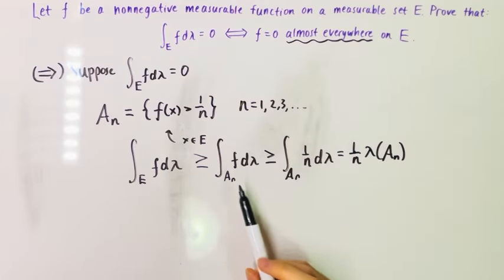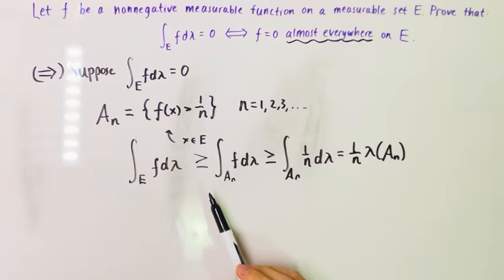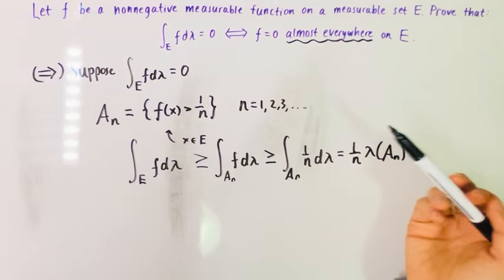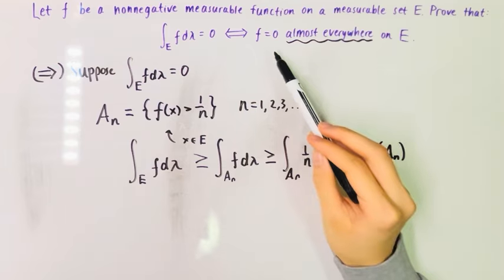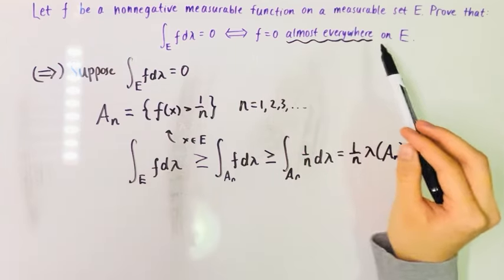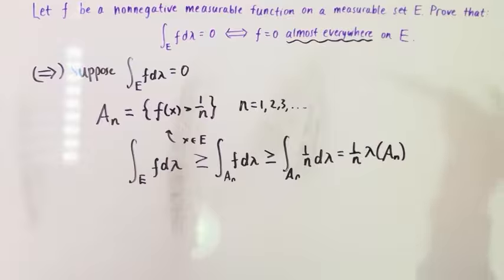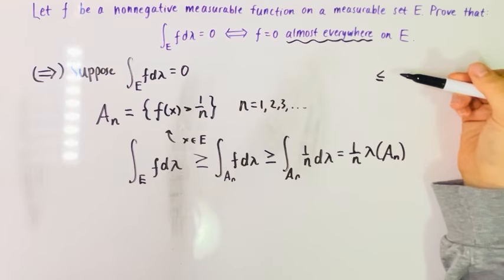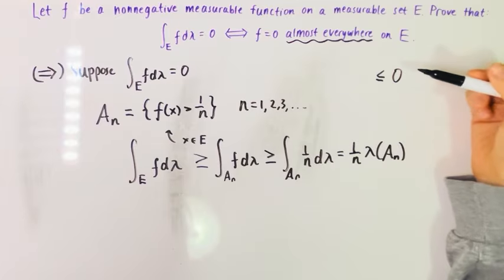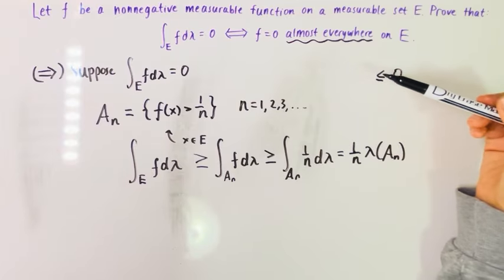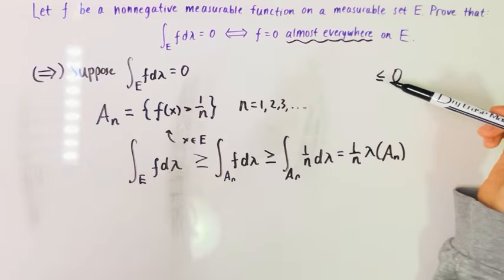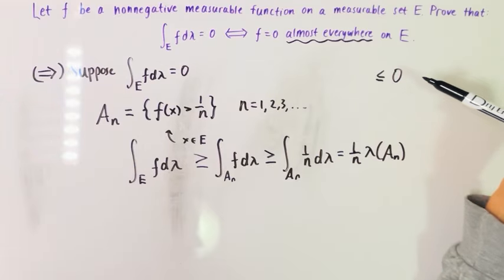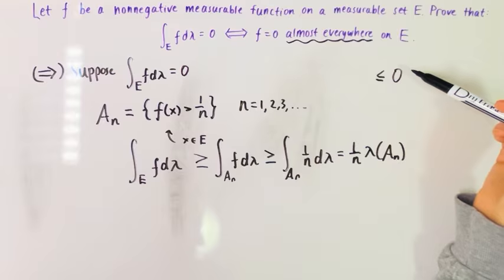So now see that we have bounded the Lebesgue integral below, and now we're thinking, well, how can we relate this to f? How can we show that f is equal to 0 almost everywhere? Well, we also want an inequality, and if we know that the measure of something is less than or equal to 0, we know it must be equal to 0 because measure is always non-negative. This makes us think of countable subadditivity.